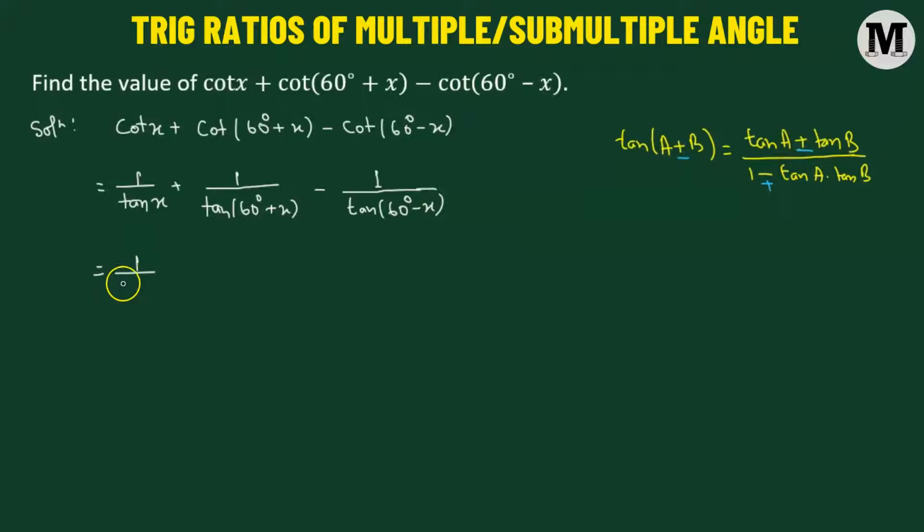We have 1 over tangent of x added to, now we'll have to take the reciprocal.